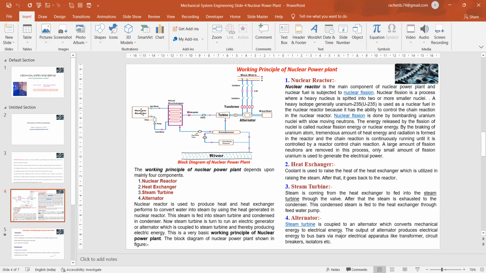Moderators are used to moderate, meaning the reaction is very fast; to optimize it, the moderators are used. The coolant takes the heat from the fissioning process and gives it to the secondary circuit, that is the steam generator, heat exchanger, or boiler, to convert water into steam. So this is in brief about the working principle of nuclear power plant and the components. So we have seen it.